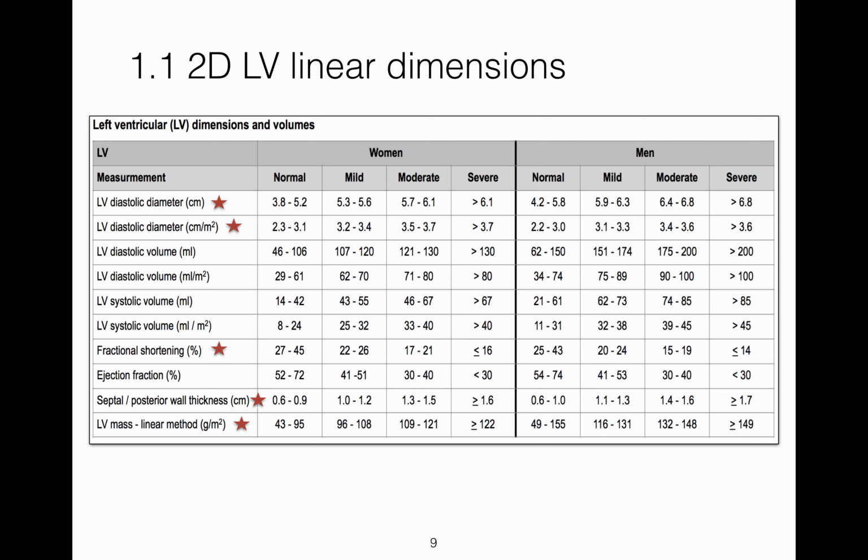In particular, you will need to commit to memory the left ventricular end diastolic diameter and the bottom 2 measurements, the septal and posterior wall thicknesses that allow for the calculation of LV mass. So to begin with, may I encourage you to memorize the uppermost normal values, that is, values for the left ventricular end diastolic diameter for men and women.